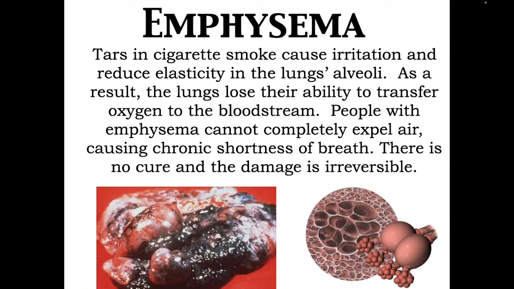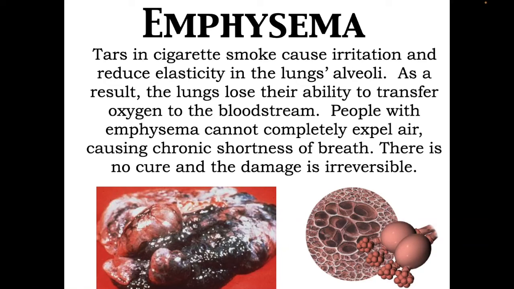They blow up, but they're supposed to go back to normal or contract, and they don't. So the lungs lose their ability to transfer oxygen, so it can't blow up and go back to normal like it should. People with emphysema can't completely expel the air out of their alveoli, out of their lungs, causing shortness of breath. There's no cure to this, and the damage is irreversible.